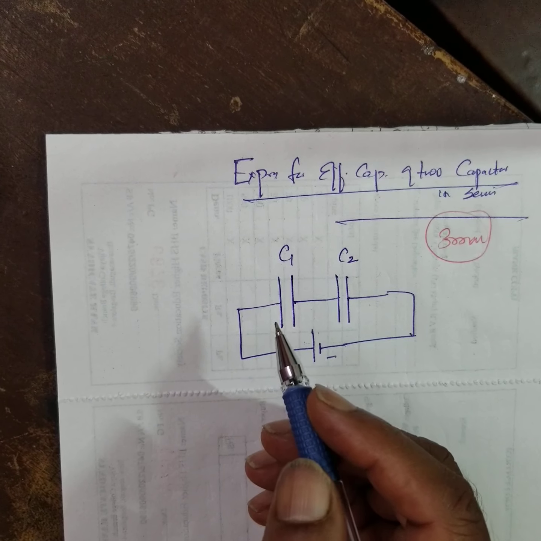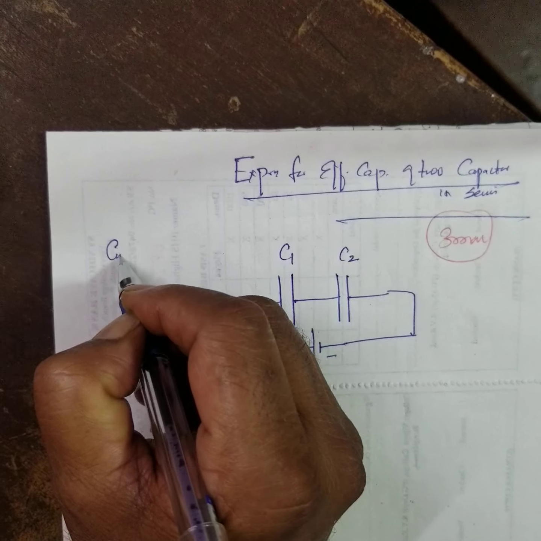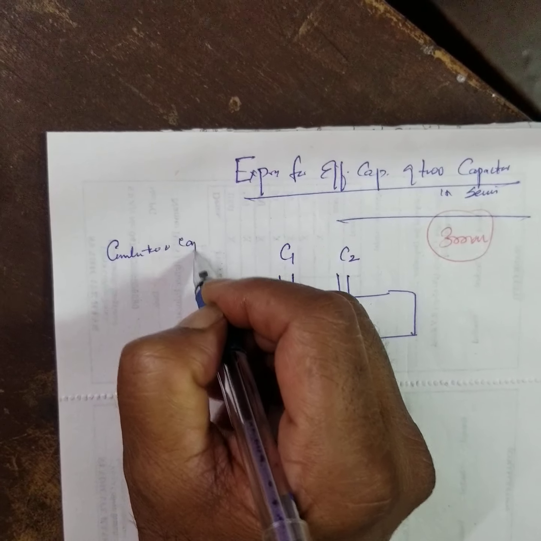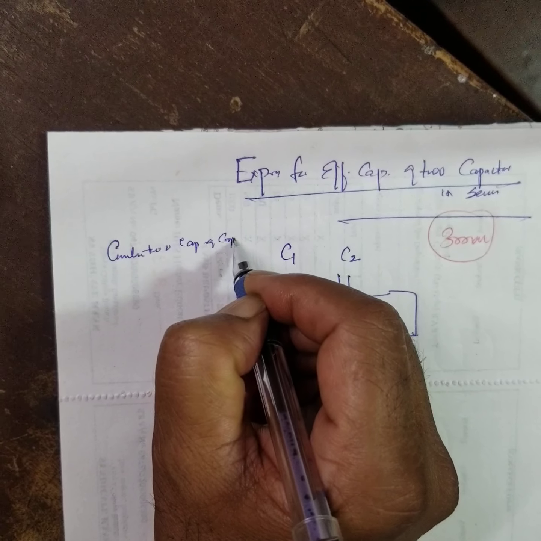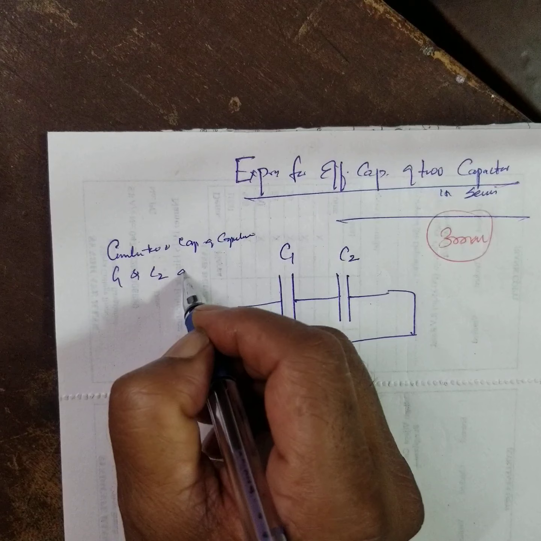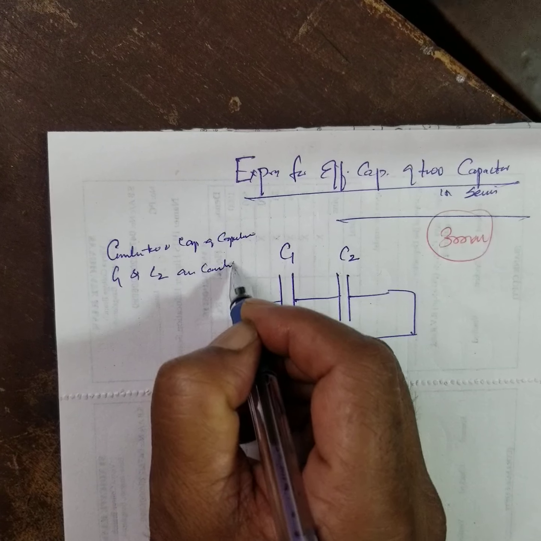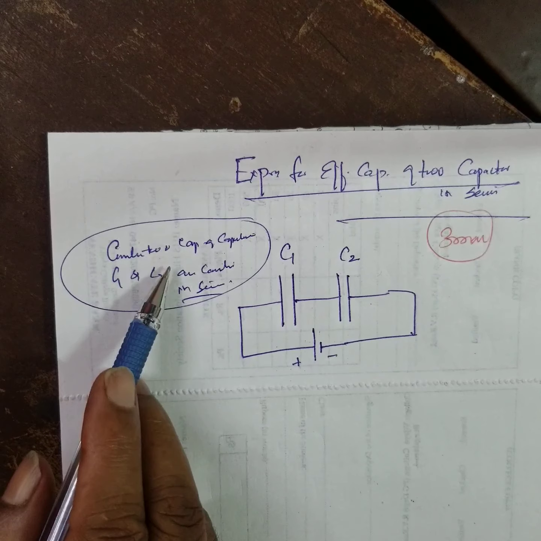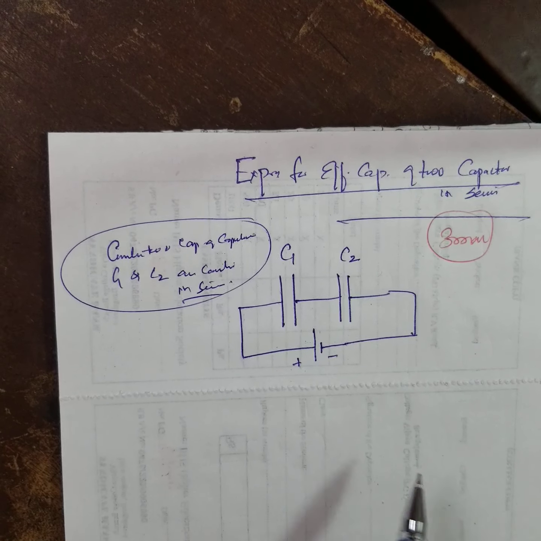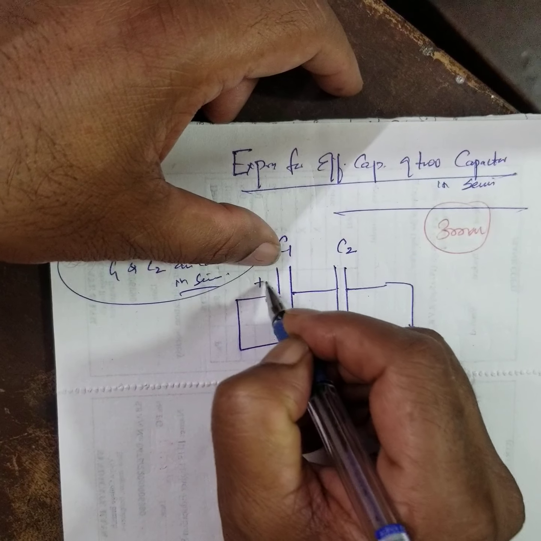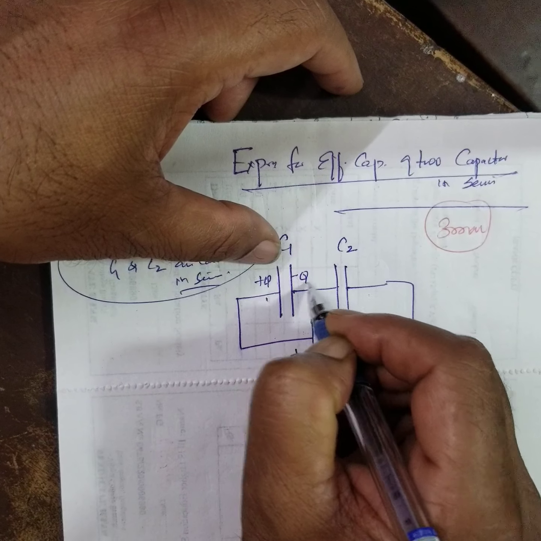How do you describe this? Consider two capacitors of capacitance C1 and C2 connected in series. Don't write like this, write in neat handwriting. Then, if it induces a charge plus Q, this also induces a negative charge.